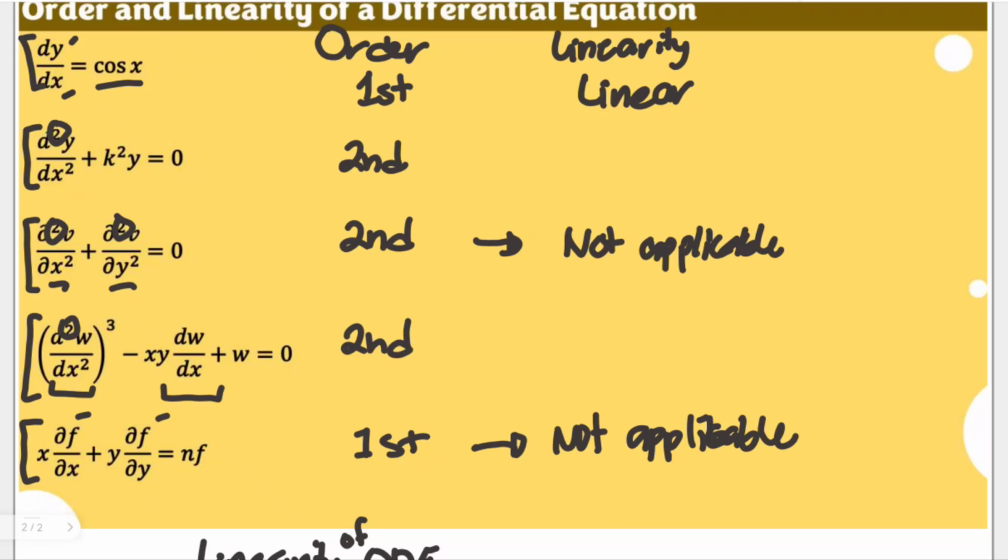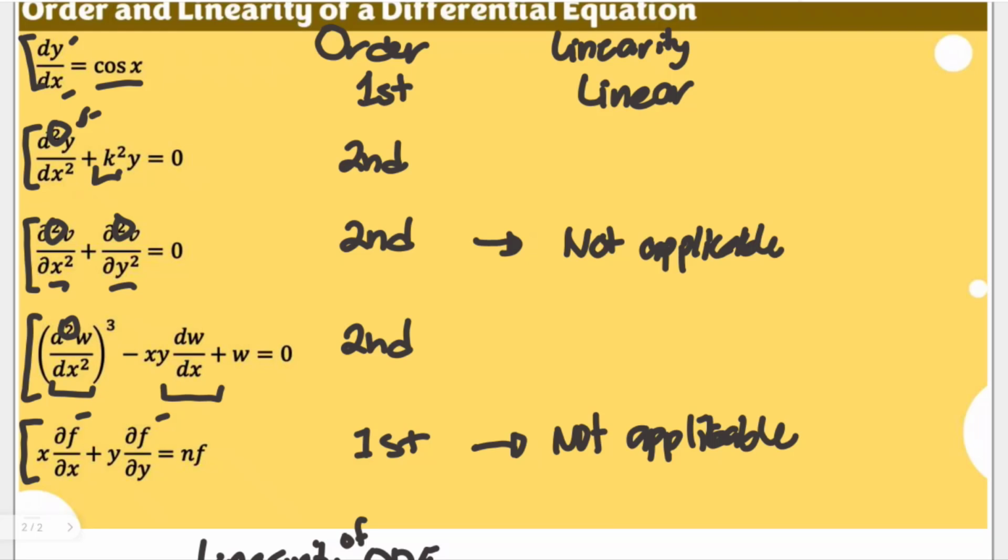Now, for our second form, we have the second order derivative of y with respect to x. There is a parameter here, but this parameter is not subjected to any derivative, and hence it could take any constant value.